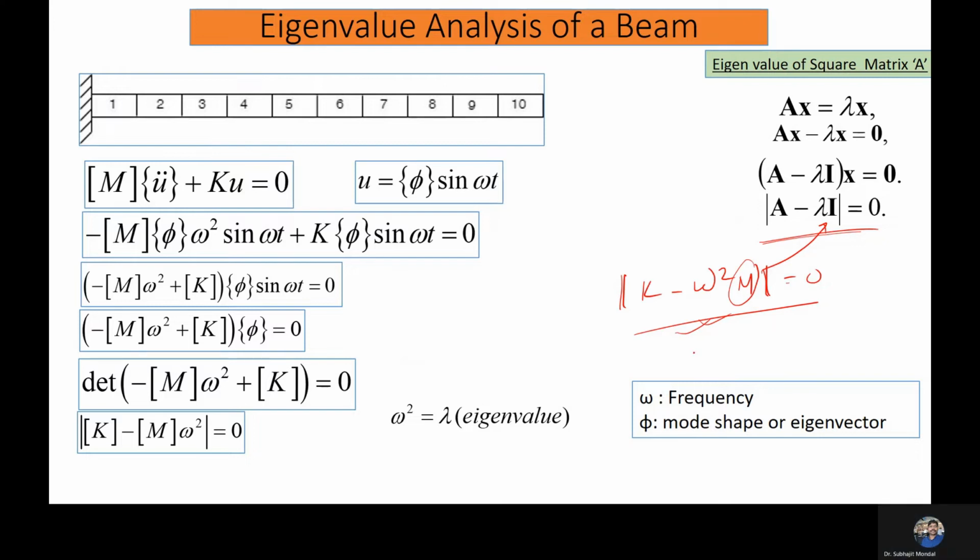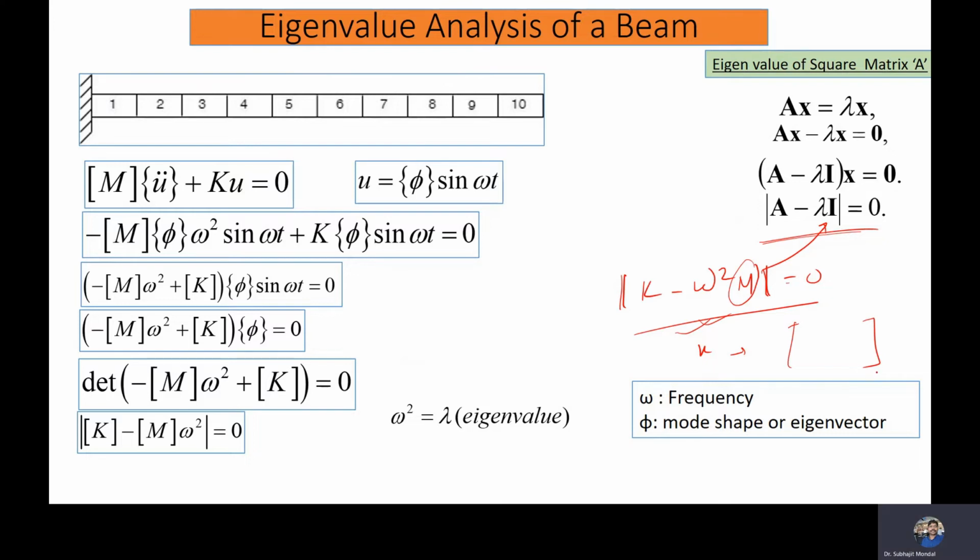Now if your K matrix is 2 by 2 or 3 by 3, we can solve it by hand calculations. But if the matrix size becomes large, that is, if the degrees of freedom of the system are large, the K matrix will be of the same size.